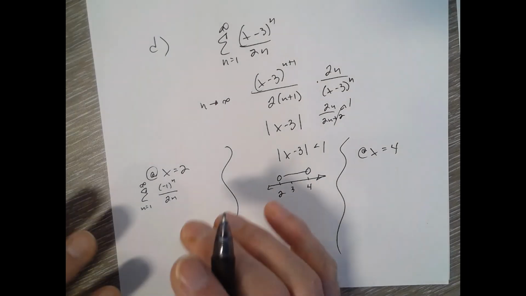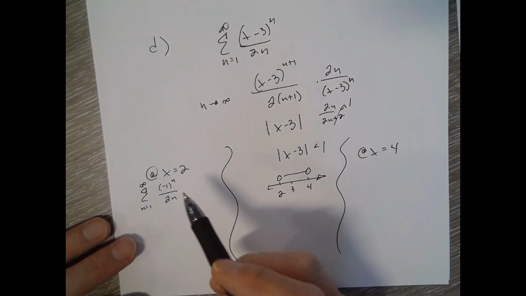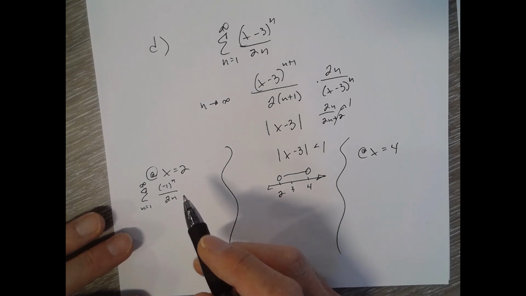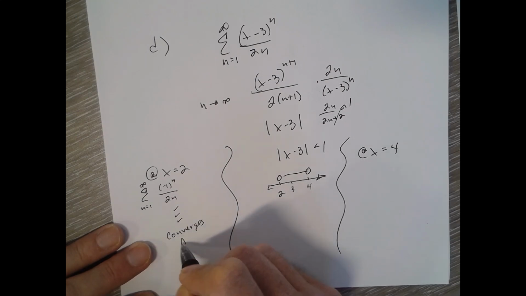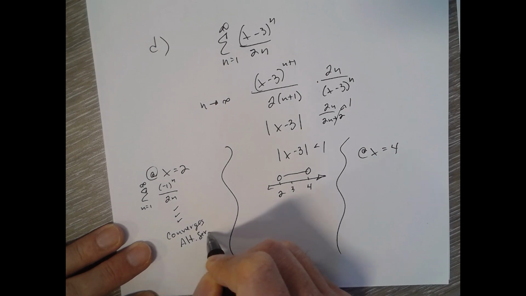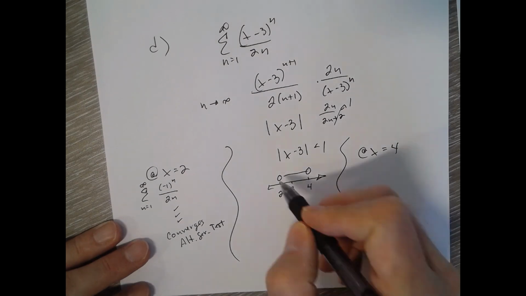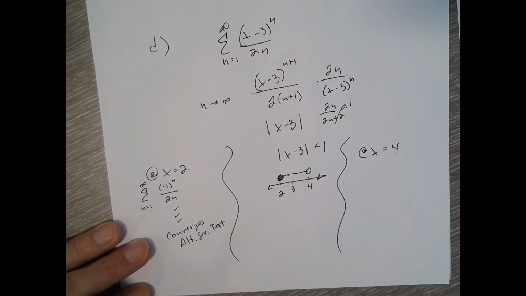Okay, so we're told that Lily said it converges by the alternating series test because it does alternate, it gets smaller, and the limit goes to 0. So you'd have to check. Converges, alternating series test. So my new interval of convergence is going to include 2, because it converges on the endpoint when x is 2.